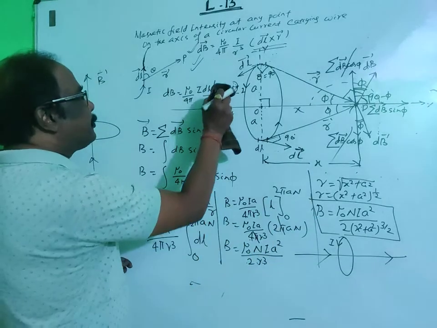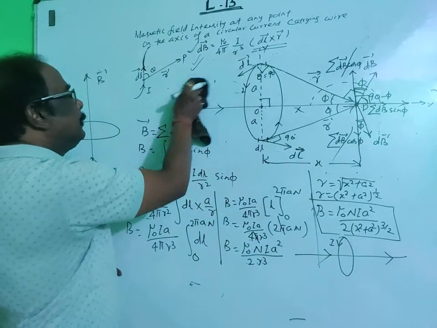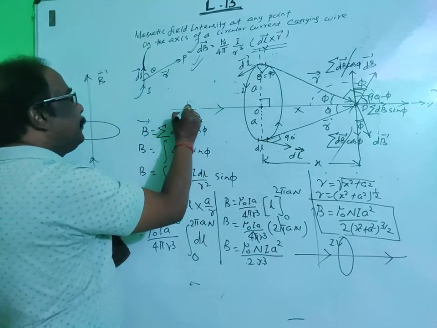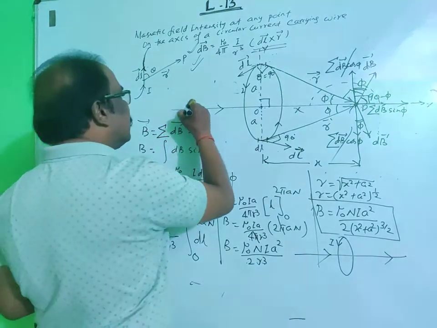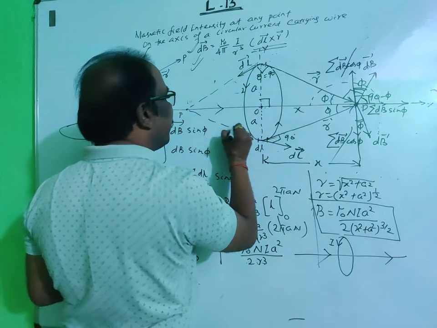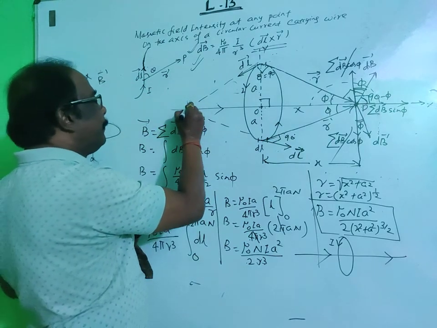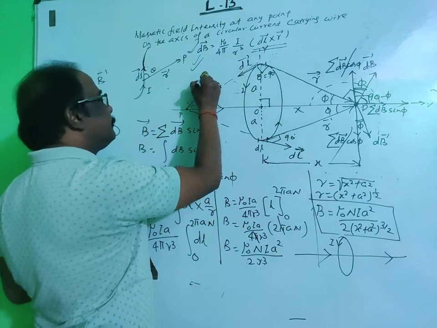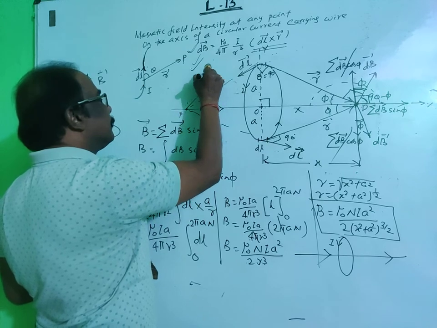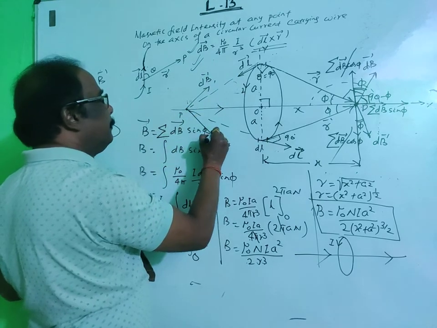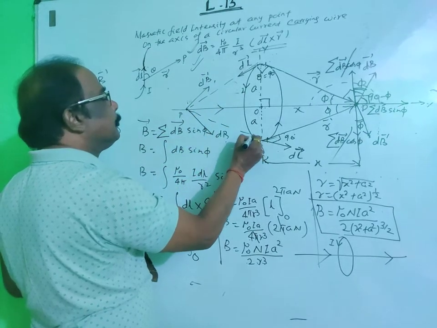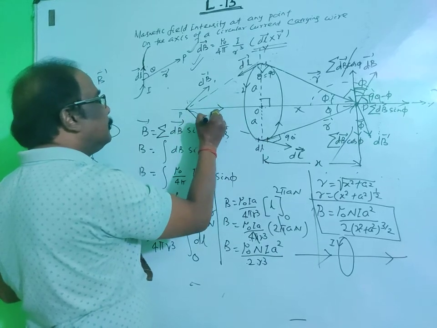To clarify this, you may consider another point P here, with position vector also r. Then what is the direction of dB due to both elemental parts?